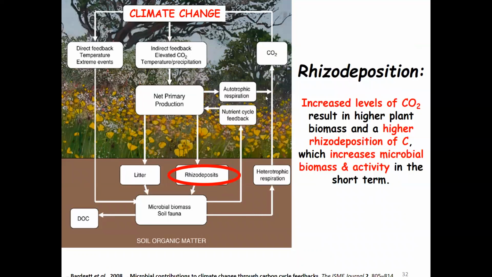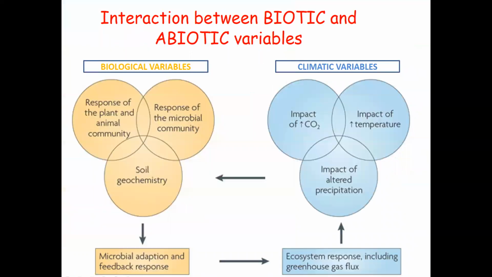to exacerbate climate change. The interaction between the living and the non-living variables we see here, in terms of the biological variables and the climatic variables, also feed back. So the impact of carbon dioxide and increased temperature will result in responses of plant and animal communities, in responses to the soil geochemistry, which will result in these microbes adapting, and feedback responses again to the environment.